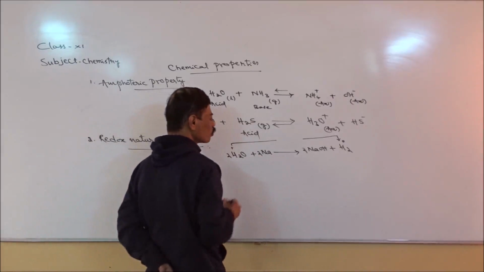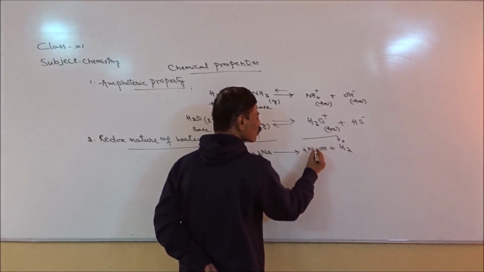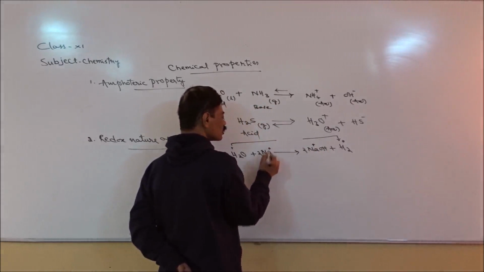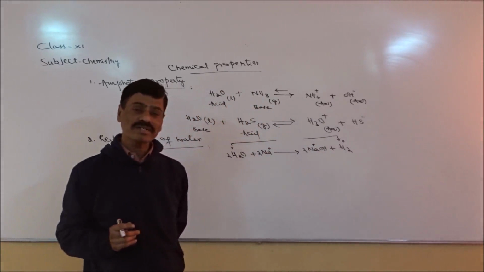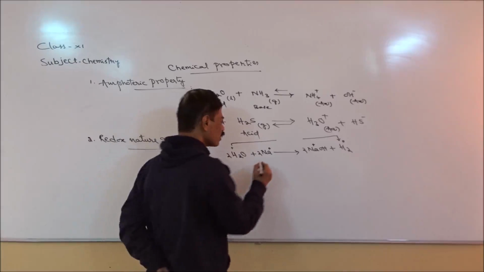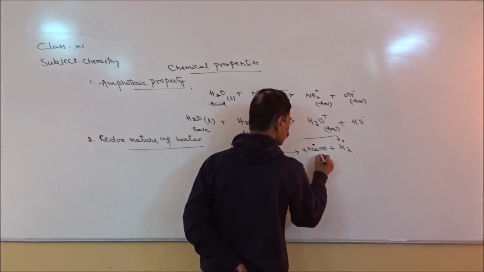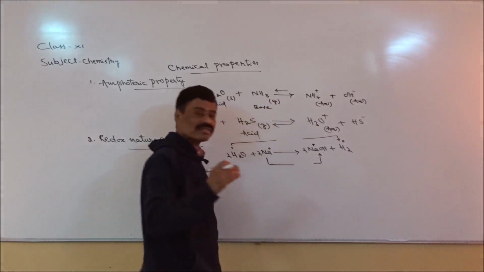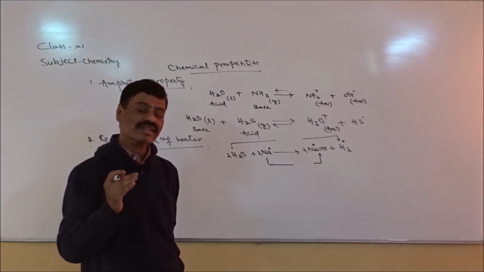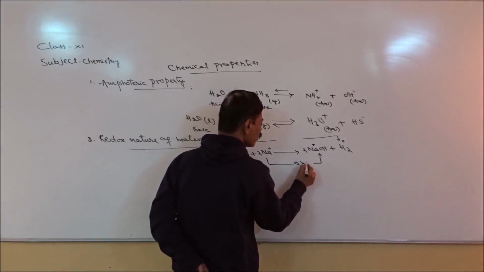Now let us see sodium and sodium hydroxide. Here in this compound, sodium has positive charge and here sodium has 0 charge. So all elements in their atomic form will have 0 as their oxidation numbers. Now sodium to Na plus ion means 0 to plus, an increase in oxidation number, and that is called oxidation.